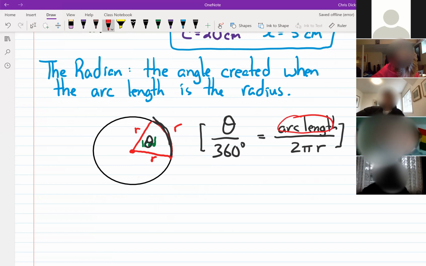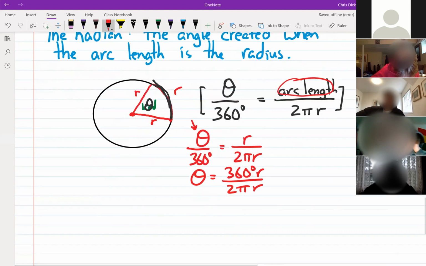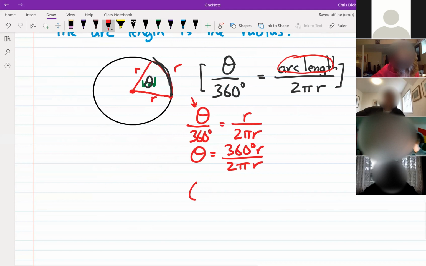So I'm going to say theta over 360 will equal r over 2 pi r, if this is 1 radian. Now if I isolate for theta, theta will equal 360 degrees times r over 2 pi r. And now the r's cancel out, and 360 divided by 2 is 180 over pi.